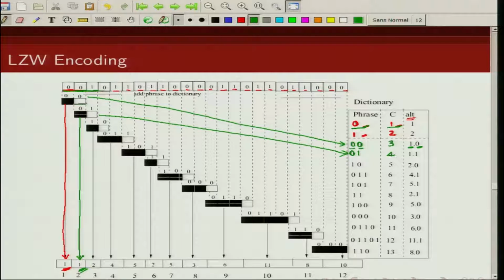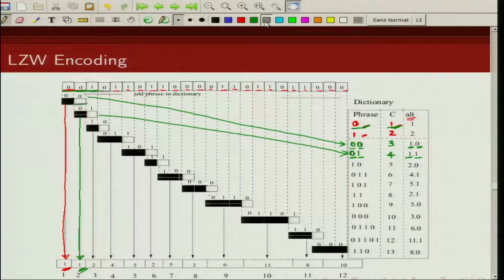That's my code word 4. Now 0 1 can be written as the code word corresponding to 0 concatenated with an innovation symbol 1. Phrase 0 corresponds to code word 1, so this can be written as code word 1 concatenated with a new innovation symbol 1.